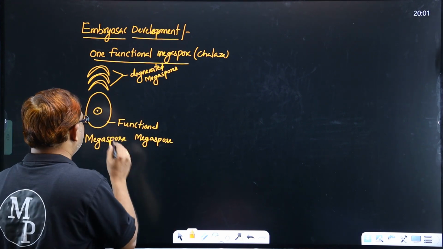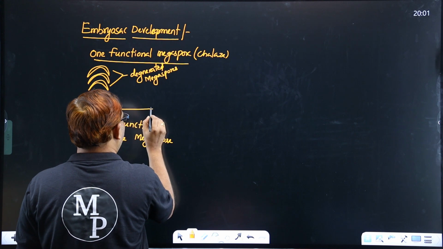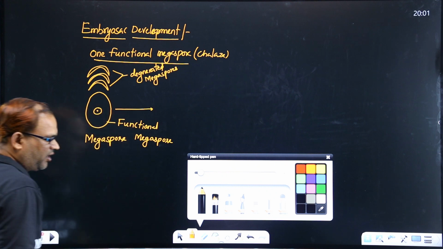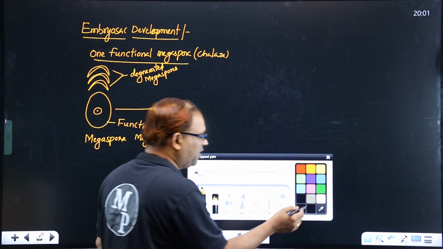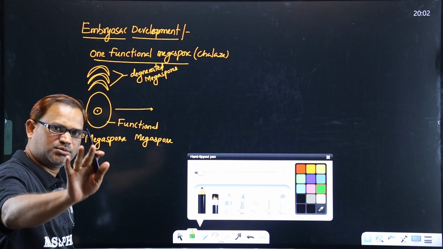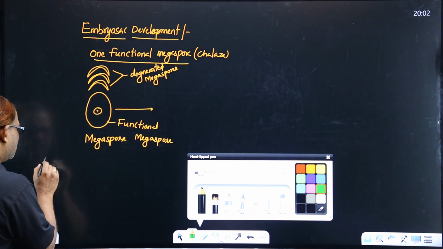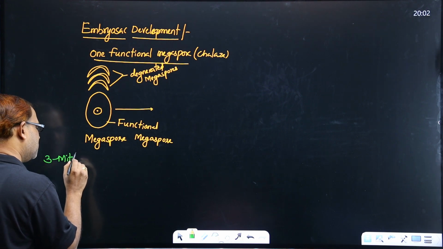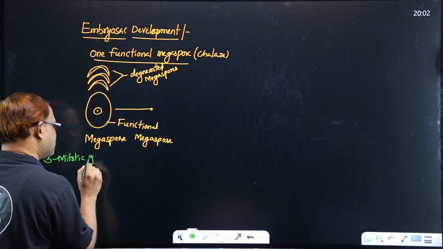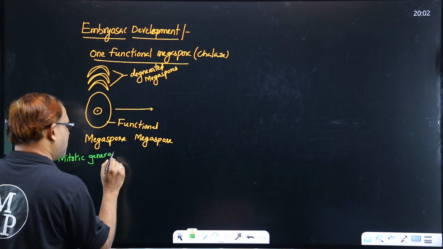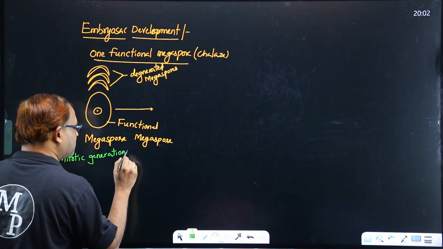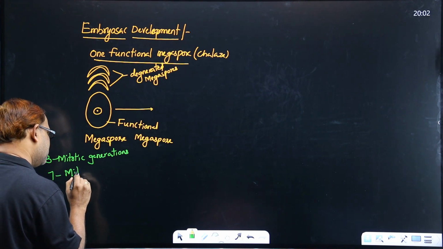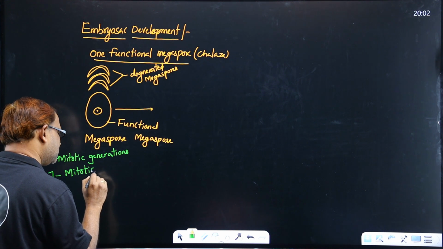Now this functional megaspore undergoes, and it's very important, how many mitotic divisions? Most of you get confused here, so be careful. There are 3 mitotic generations, and 7 mitotic divisions.